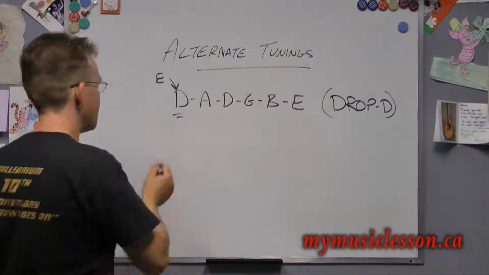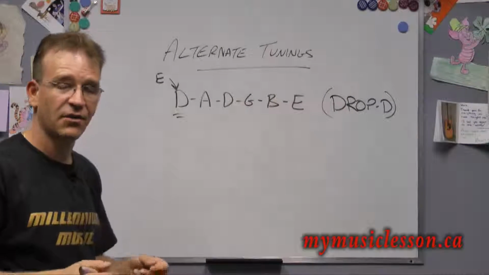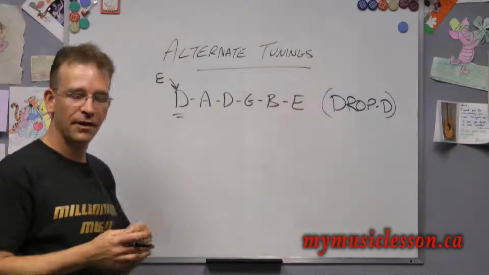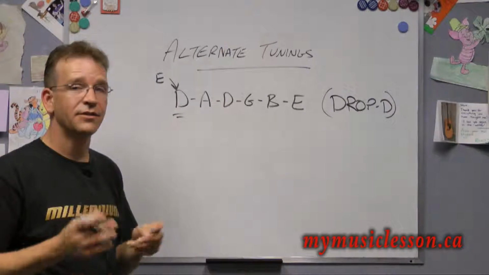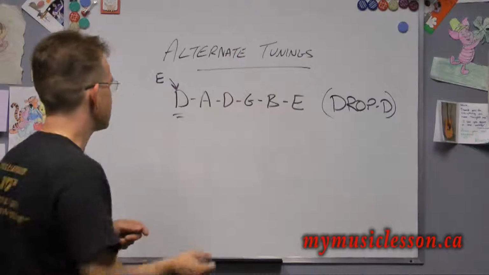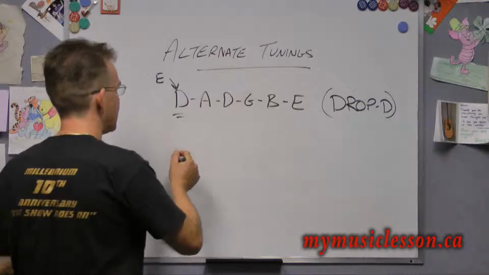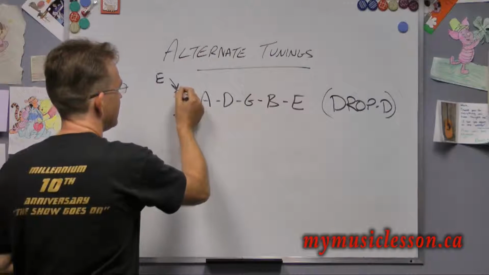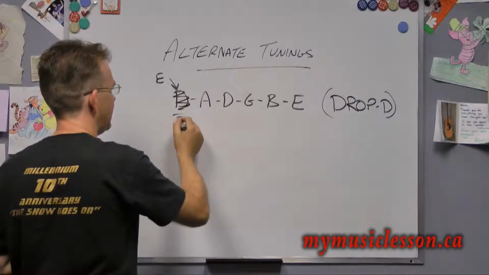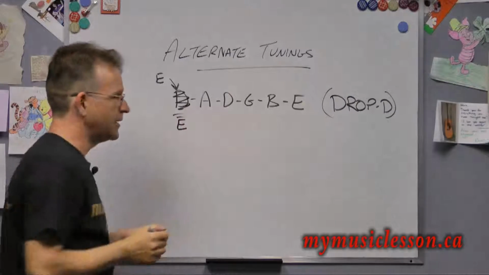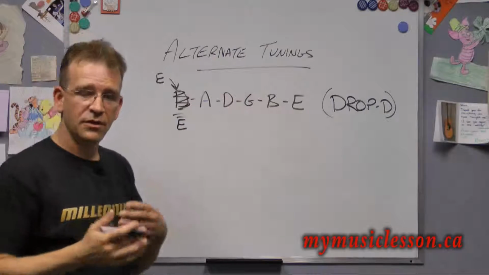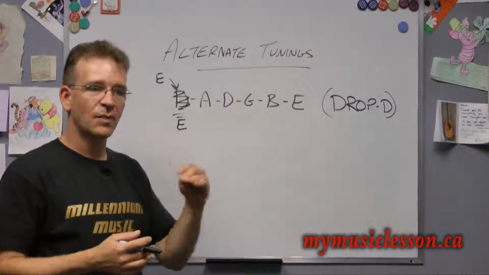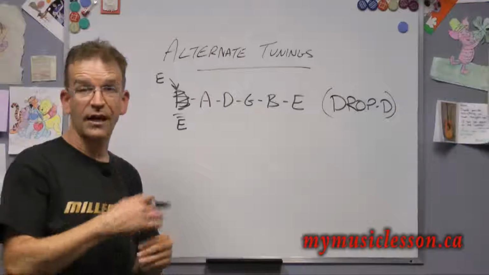The other one is what we call tuning down a semitone. And this is another reason where I mentioned earlier the chromatic tuner is a very good investment. A lot of artists will tune their instrument. Again, you can imagine we're back to having the E for the 6th string here. What we do when we tune down a semitone is we drop each of the strings down a semitone.